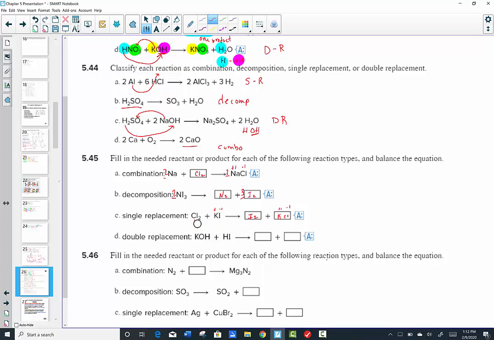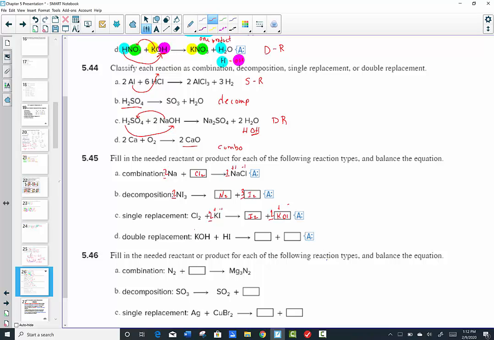Based on charge, you know that that is a K plus, a Cl negative. So that only goes as a 1-to-1 ratio to balance charges. And now we can balance by making 2's in front of each compound. 1 chlorine plus 2 units of KI form 1 iodine and 2 units of KCl.